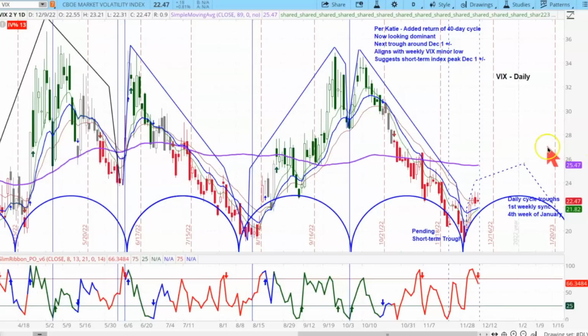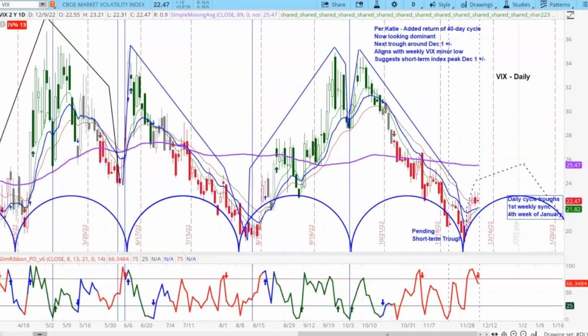Now, this is important analysis. The daily trough right over here suggests that there would be a decline in implied volatilities into the 4th week of January. That essentially says that there's likely to be a stock market rally sometime into the 4th week of January.